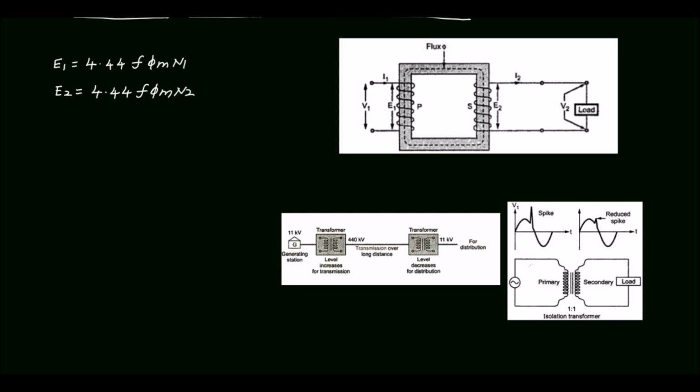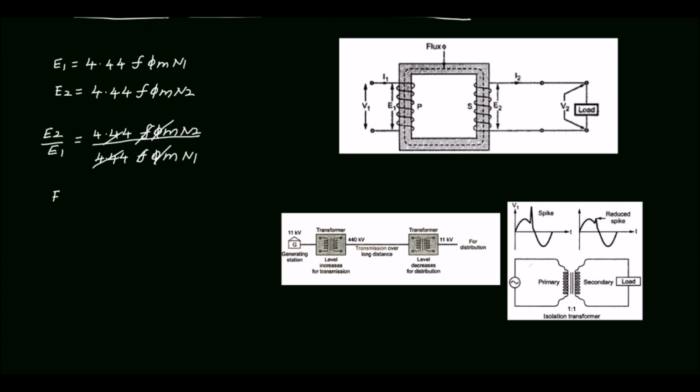If you divide E2 by E1, you will get 4.44 f Φm N2 divided by 4.44 f Φm N1. So cancel frequency and flux.